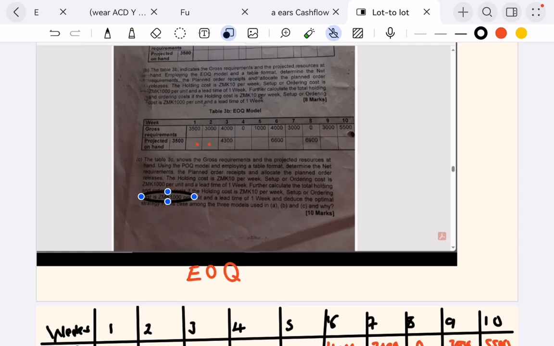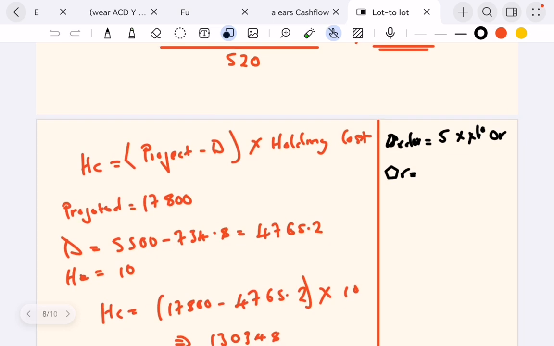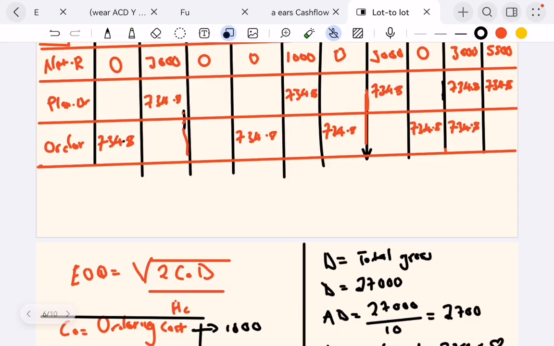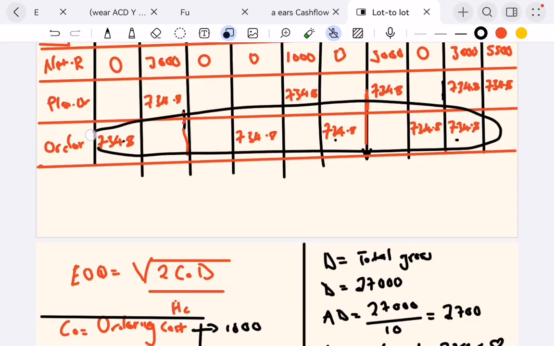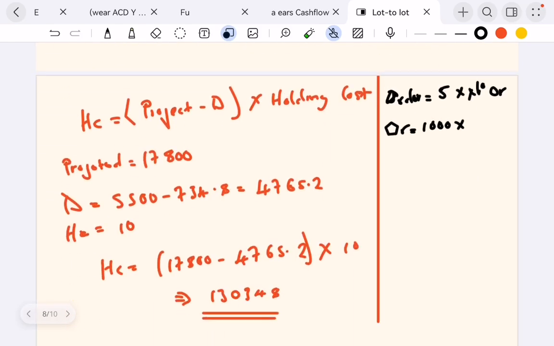So it will be 1,000 times the number of orders here. We have 1, 2, 3, 4, 5. These we just calculate them. So 5. So it will be equal to 5,000.